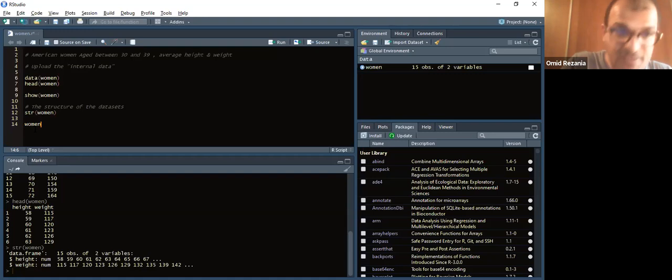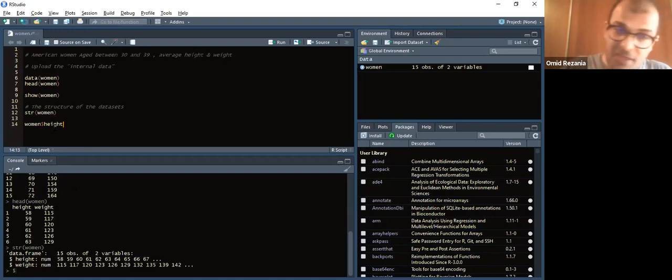If I write woman, the name of the data set, and put the dollar sign next to it, I press shift and number 4. I'm going to write woman, dollar sign, height.